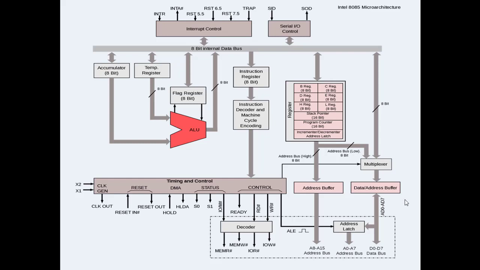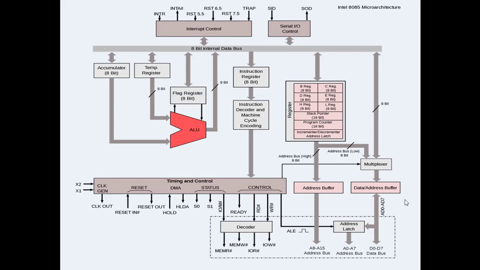So this is the 8085 block diagram architecture. The brain of the 8085 system is the ALU, arithmetical and logical unit. Since it is an 8-bit microprocessor, the ALU can perform 8-bit arithmetical and logical operations. What are the arithmetical and logical operations? Addition, subtraction, increment and decrement.